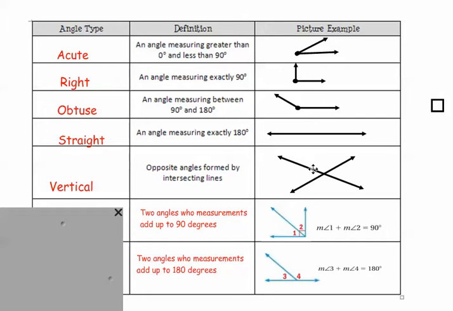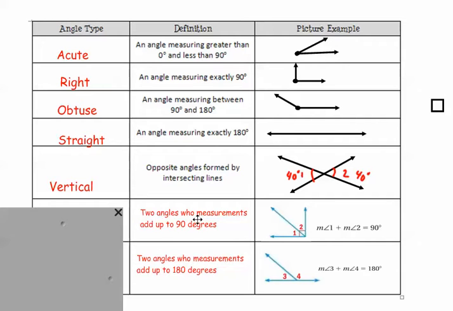Basically, what that means is this angle right here and this angle right here, because they're opposite of each other, they're called vertical angles. So I could call this angle 1 and angle 2. Because they are vertical angles, it just means that their measurement is the exact same. So if I were to tell you that this is 40 degrees, then this one would also be 40 degrees.